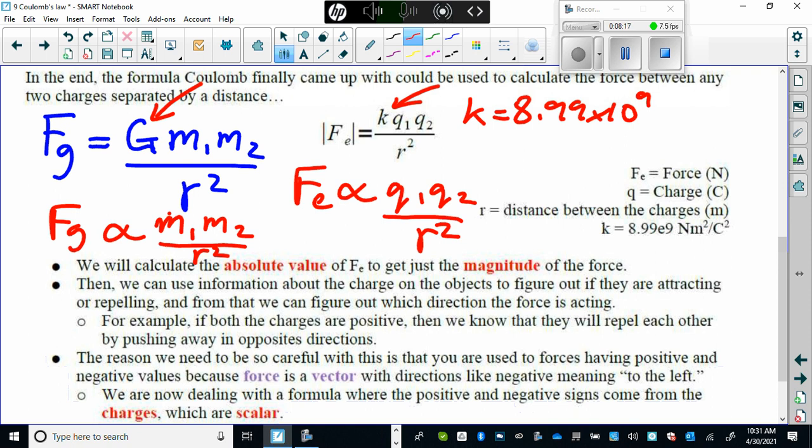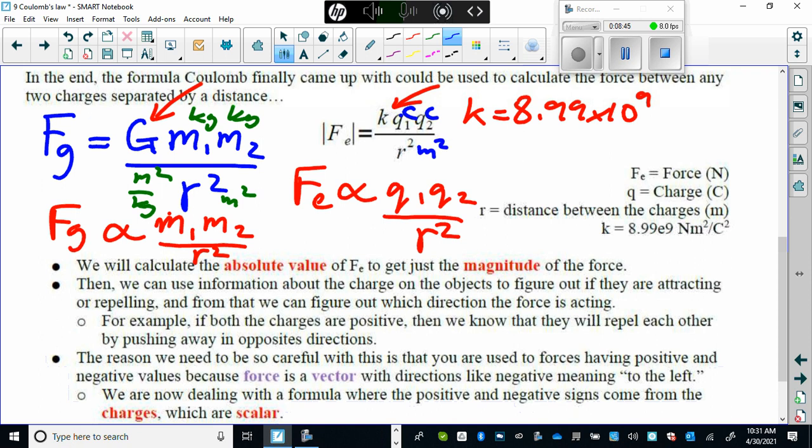Remember here, we have kilograms, and then we have meters squared. So the units for G turned out to have the meters squared on the top and the kilograms squared on the bottom, so they cancel each other out. Well, this is the same kind of principle. Charge is measured in coulombs. So that's a coulomb times a coulomb, which is a coulomb squared, and distance is measured in meters, meters squared.